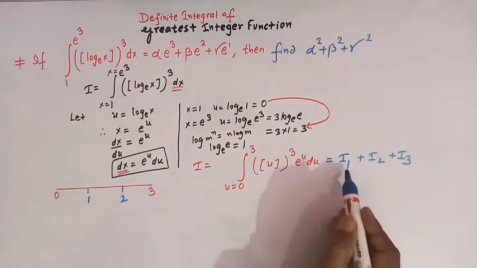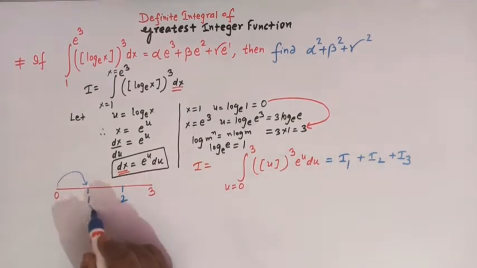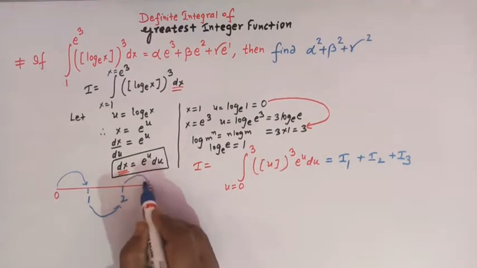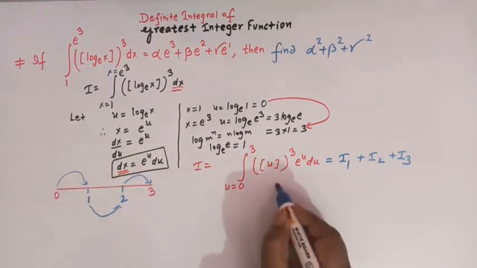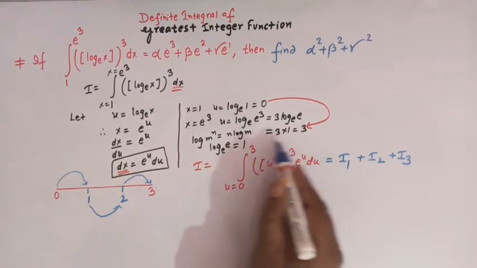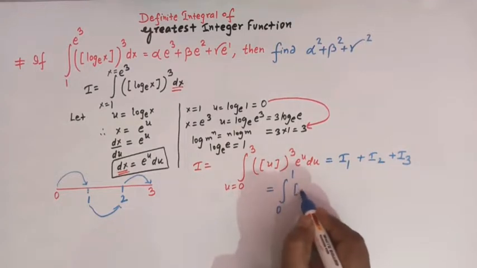Now I1 is from 0 to 1, I2 is from 1 to 2, and I3 is from 2 to 3.